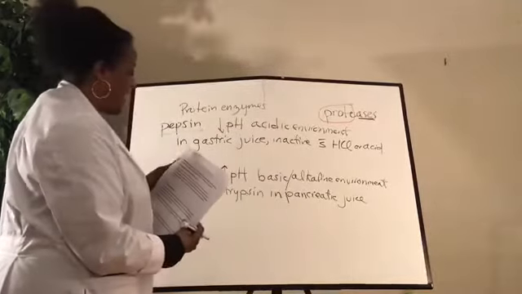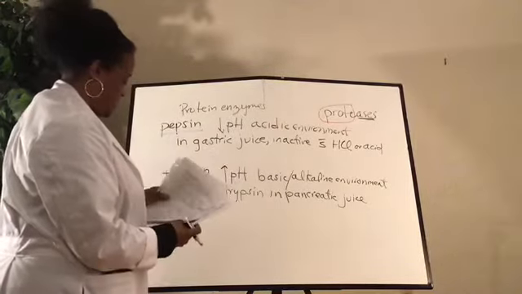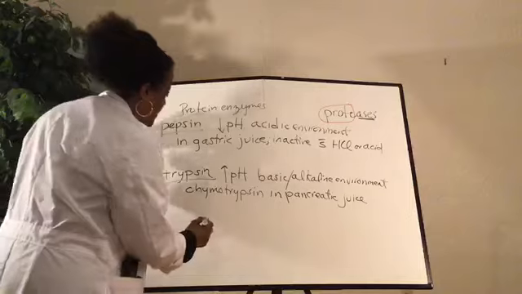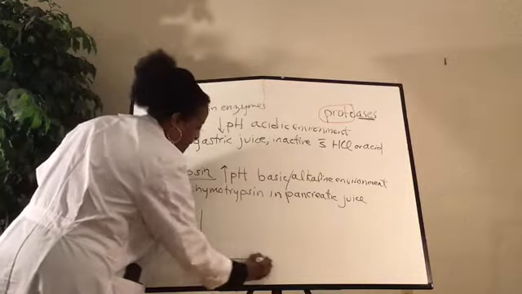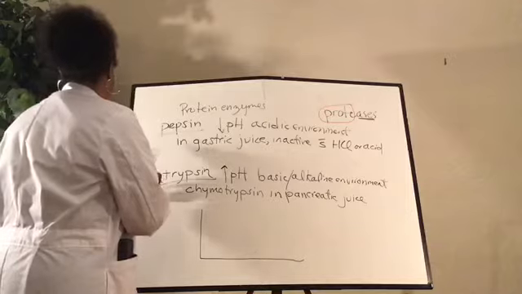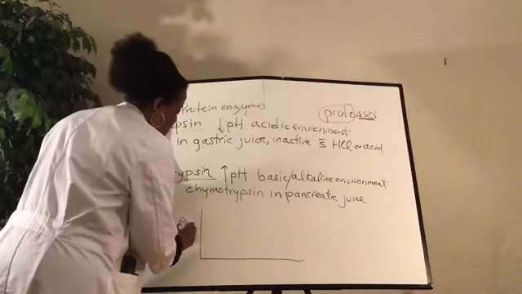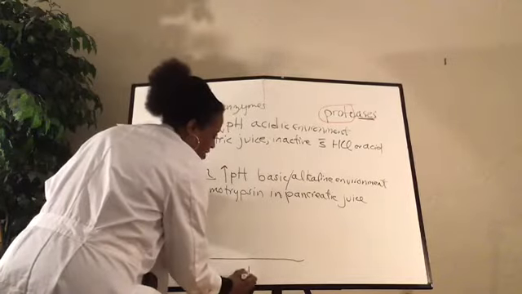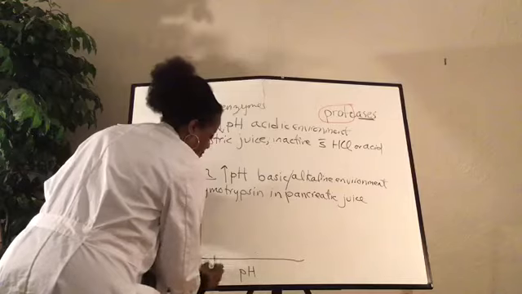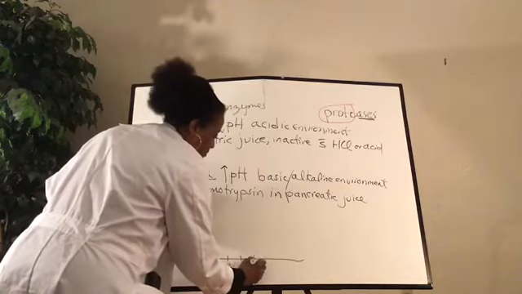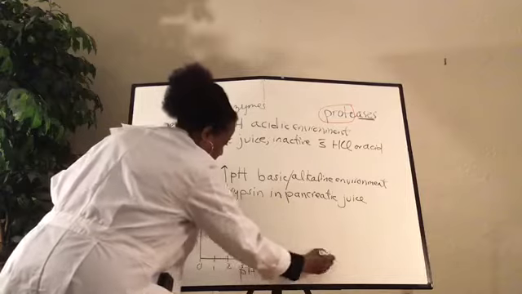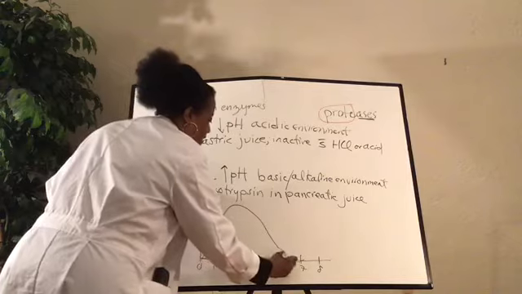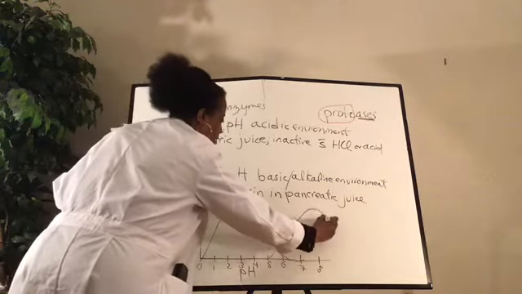So, suppose I had a little chart, and this is the protein, and this is the pH here, and we say that's 0, 1, 2. And I have protein from here to here.